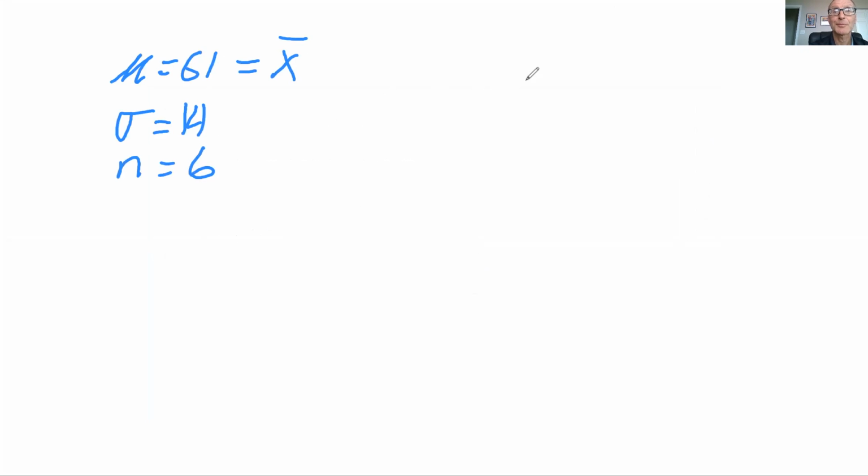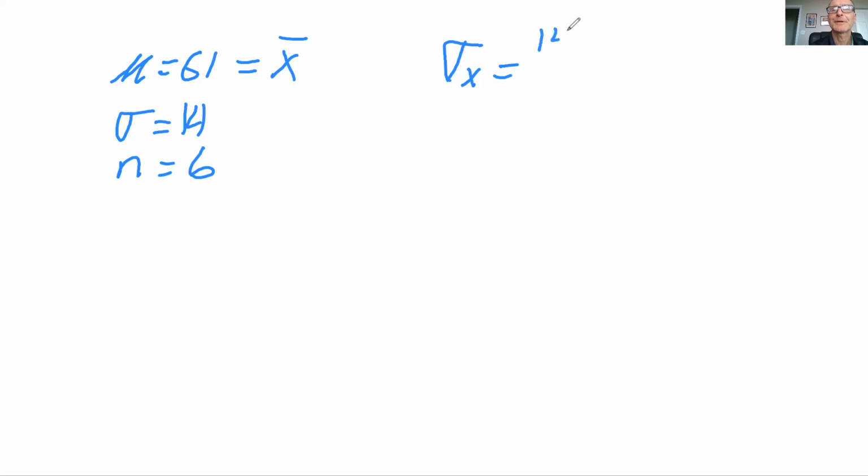Because it's a normal distribution, we can still use the central limit theorem, and that would be, I had it backwards, it would be 14 on the top. Whoops. Put the blue back up there. You hit one wrong button and you can't get back to where you want to go.